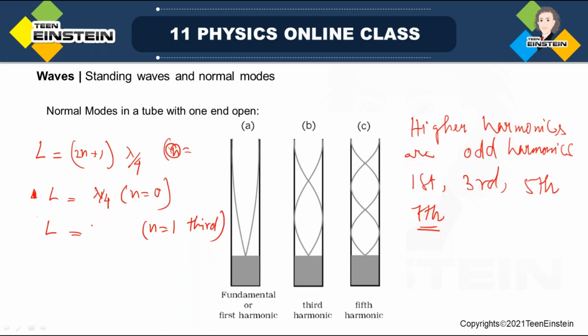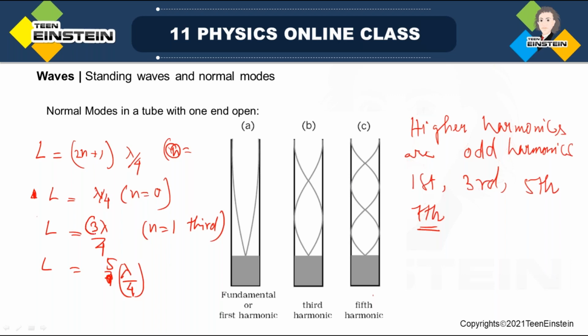So n is equal to 1 means 3 lambda by 4. Then n is equal to 2 means 5 lambda by 4, which is the fifth harmonic. How do you remember which one is what?